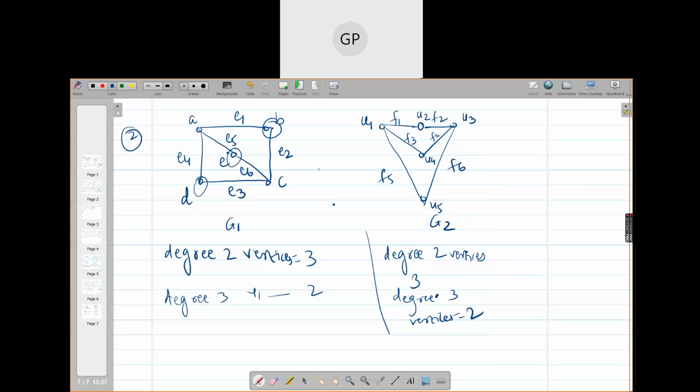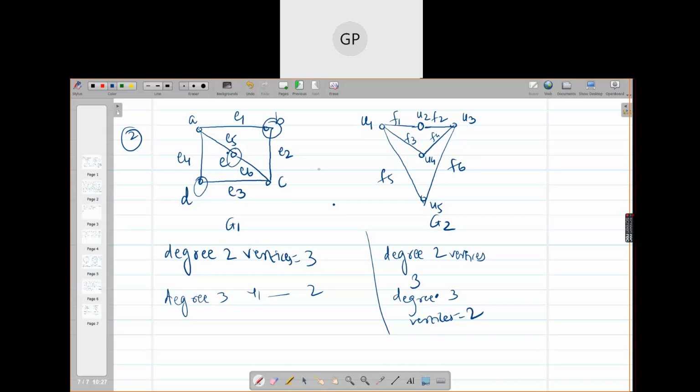Even degree 2 vertices are also not adjacent with each other. A, D, E and B in G1, they are not adjacent with each other. In G2, the vertices of degree 2, that is U2, U4 and U5, they are also not adjacent among themselves.